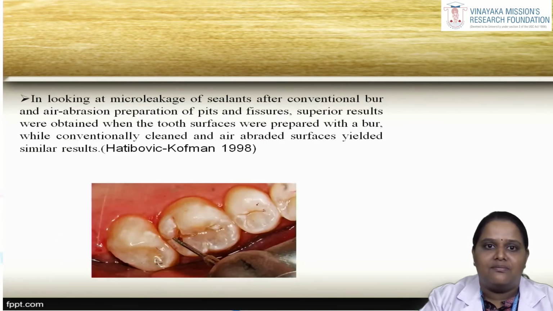In looking at microleakage of sealants after conventional bur and air preparation of pits and fissures, superior results were obtained when the tooth surfaces were prepared with a bur, while conventionally cleaned and air abraded surfaces yield similar results. And this was concluded by Hatibovic-Kofman in the year 1998.